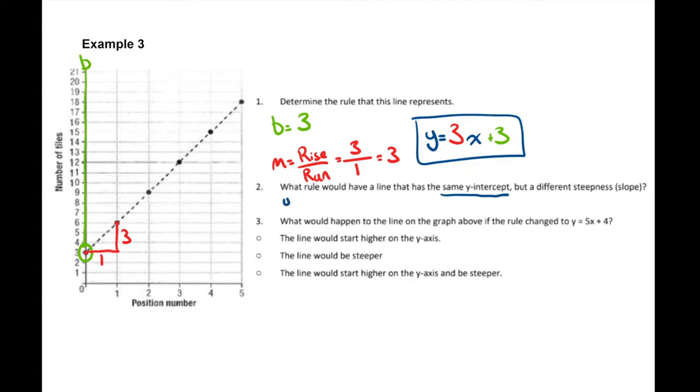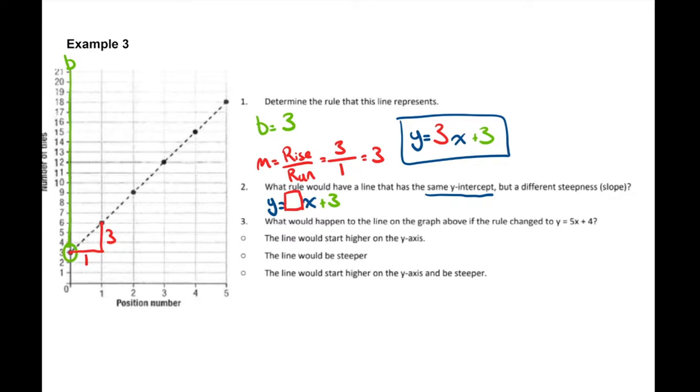So that means your rule should be y equals something x plus 3. And you can fill in whatever you'd like into this box. Any number would work, as long as it's not 3. So any number works. 1, 4, -4, a half, 2/3. They're all different slopes. The key thing is just the same y-intercept.